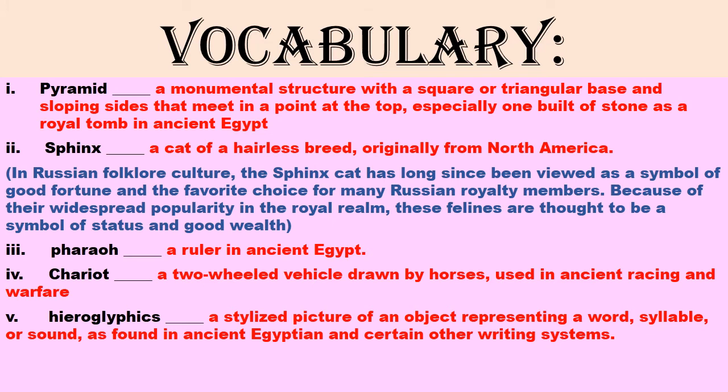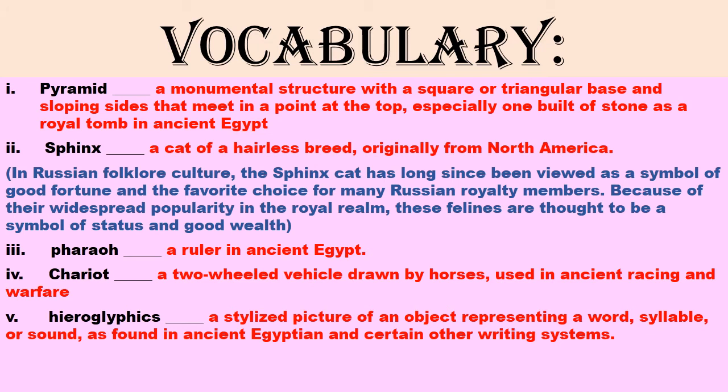In Russian folklore culture, the Sphinx cat has long since been viewed as a symbol of good fortune and the favorite choice for many Russian royalty members. Because of their widespread popularity in the royal realm, these felines are thought to be a symbol of status and good wealth, right? You can see these symbols in the pyramids of Egypt.